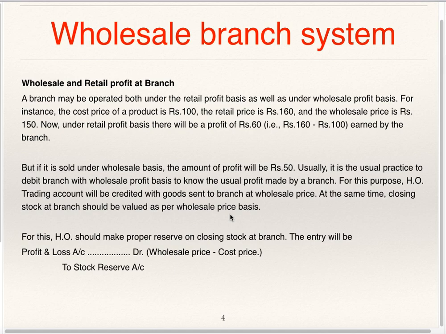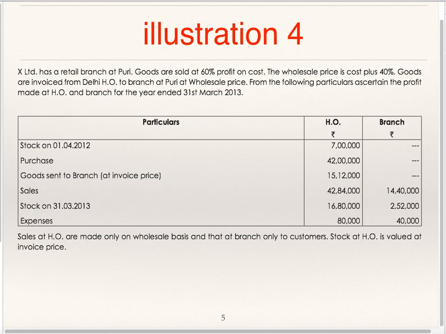Loading is to be entered in the profit and loss account of the head office column. For this, head office should make proper reserve on closing stock at branch. The entry will be profit and loss account debit, wholesale price minus cost price, to stock reserve. Now we'll see one illustrative example, so this will be more clear to you.